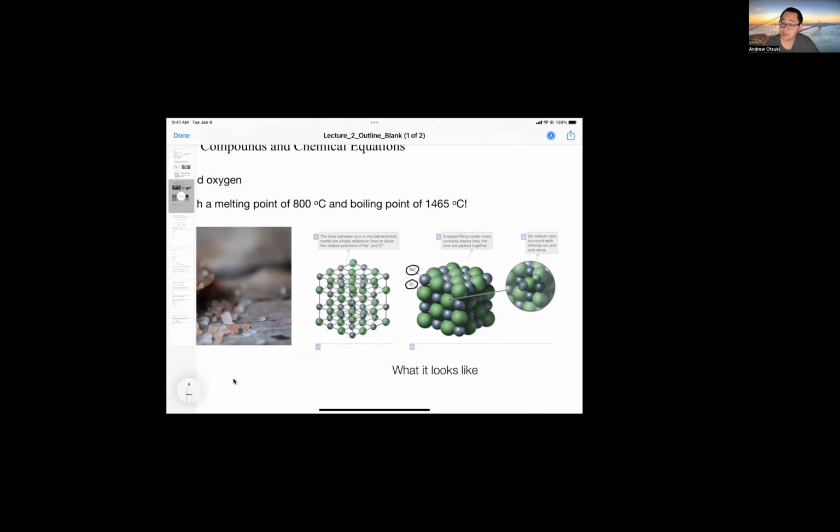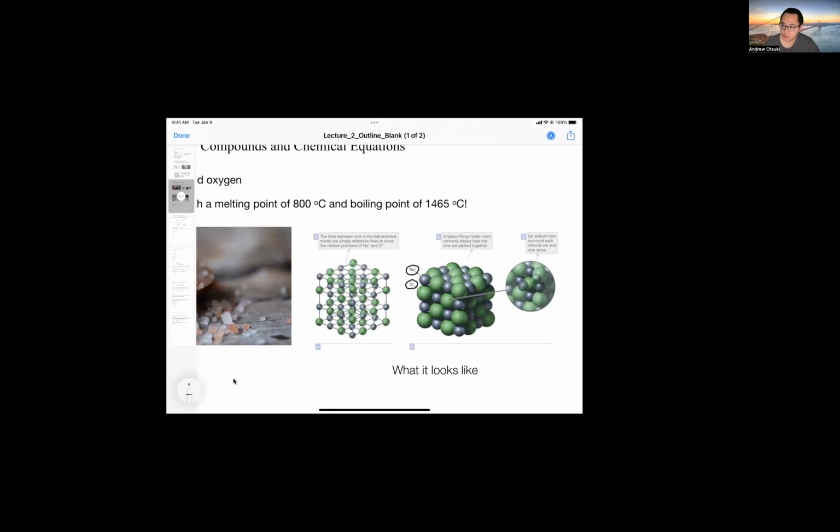So there's a lot in there, and they form this very strong network. And that's what gives the solid its strength. So that's why they form solids really well. They're closely packed and they have these strong ionic bonds here.